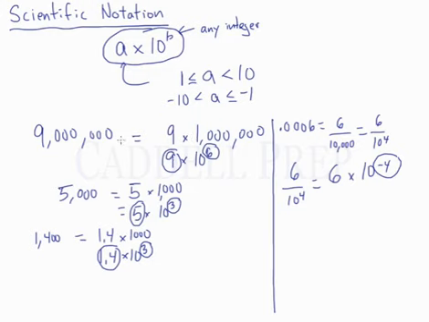But this is a little bit of a hassle to get from a given number to scientific notation. There's a much quicker way of doing it. So look at the number 3,000, right? We know that we want a number between 1 and 10. So right now the decimal point's here.